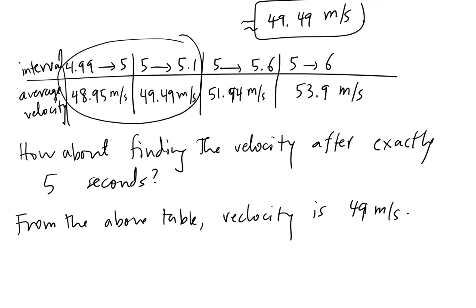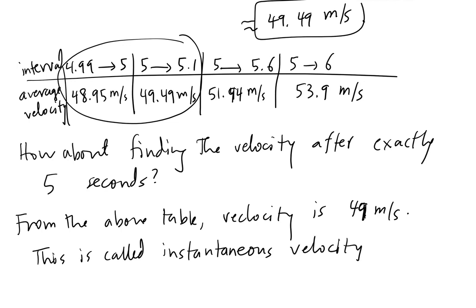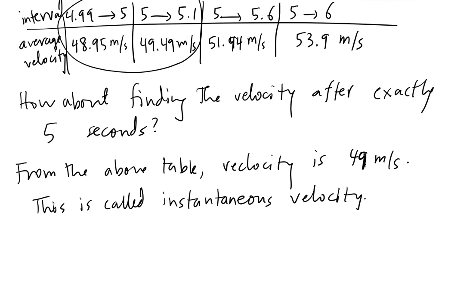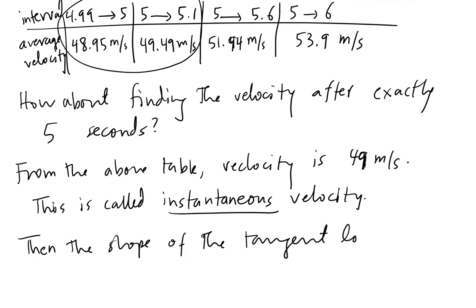And since it was exactly at that time, 5 seconds, we call this instantaneous velocity. The first one was average velocity. This is instantaneous velocity. And we can conclude the following: the slope of the tangent line is the instantaneous velocity.